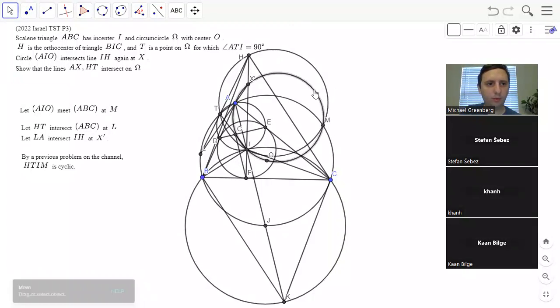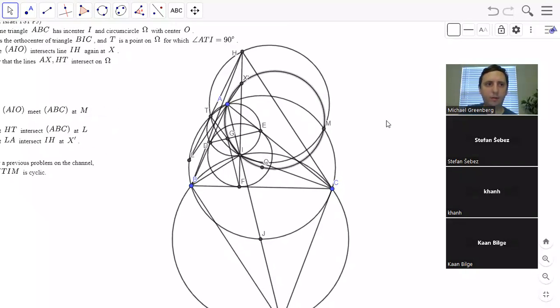We want to show AIO X prime is cyclic. Did you show that angle X prime AI, how do you show X prime AM? We have, yeah.